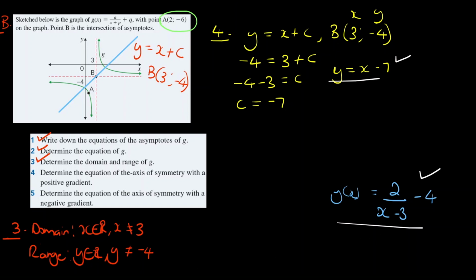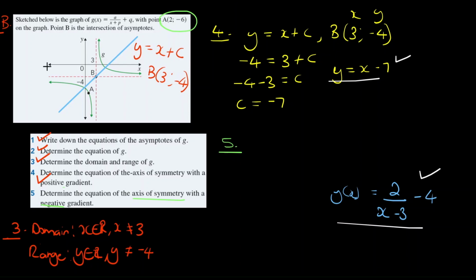Then we move on to question number 5. Question number 5 says determine the equation of the axis of symmetry with a negative gradient. Now they're asking us a question where the gradient is negative. As usual, we don't panic, we don't fret.